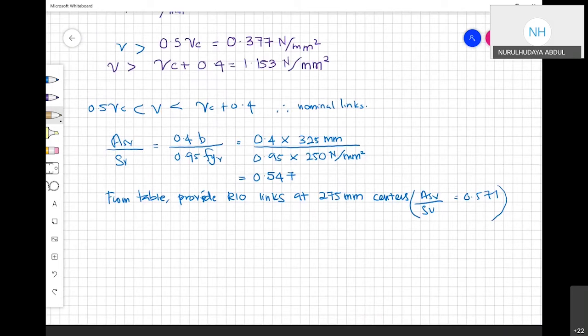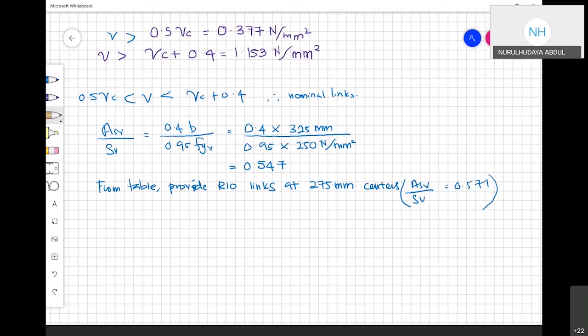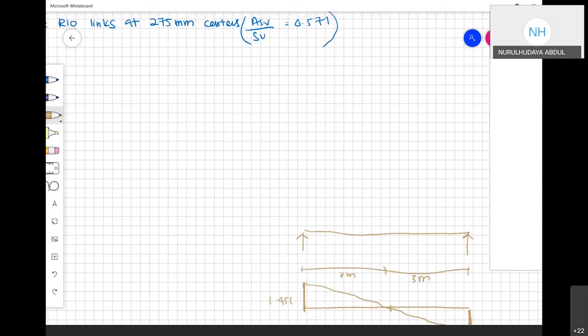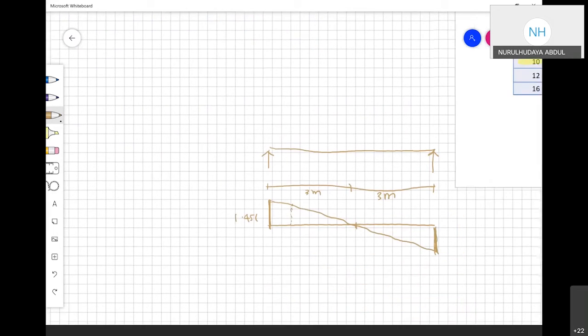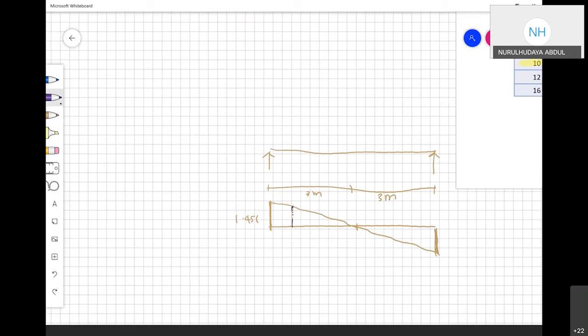Sebelum dia jadi 0.4 dia adalah nominal link. Jadi kita tahu bila dia adalah nominal link adalah cut off value dia adalah 1.153. Okay, which can be anywhere around here lah kodnya. Okay, can be anywhere around that 1.153.